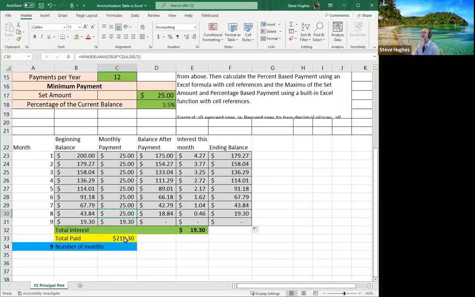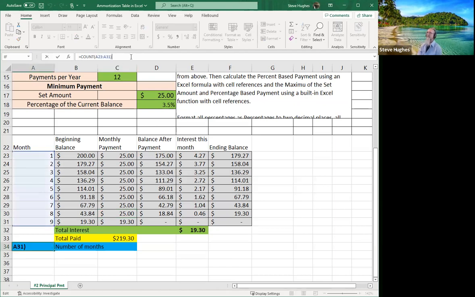I paid $219.30 over the past 9 months. And how many months did it take me? It took me 9 months. That's here in blue. In that formula, everybody, I just simply counted the number of rows in my table. You guys have used the count formula before.